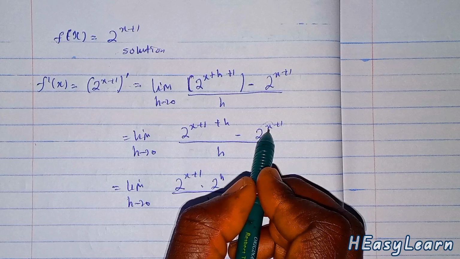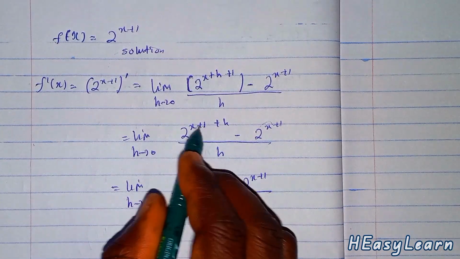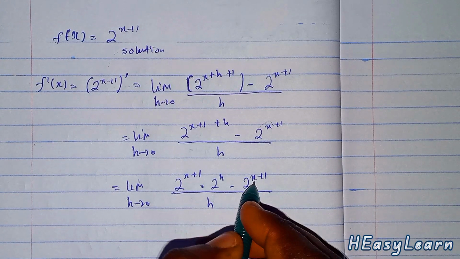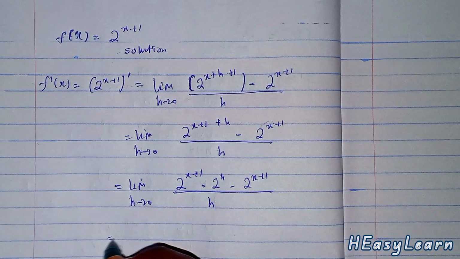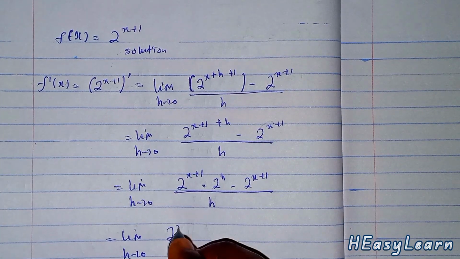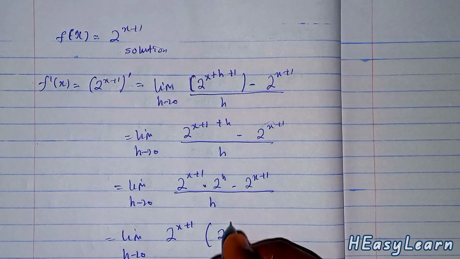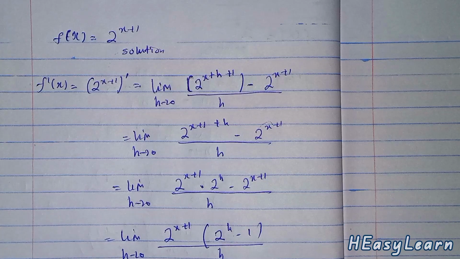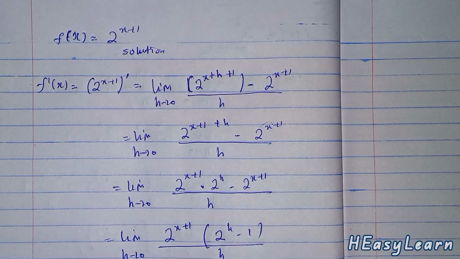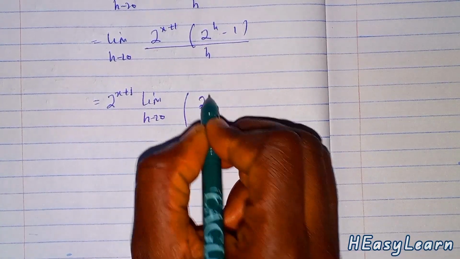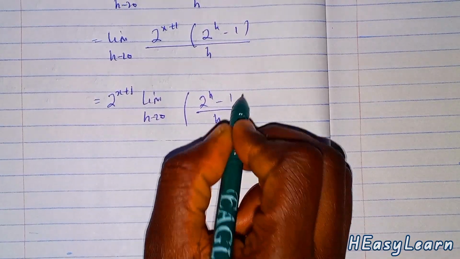The target is to rewrite this in terms of 2 to the power of x plus 1 so that you can factor 2 to the power of x plus 1 out. Limit h approach 0, 2 to the power of x plus 1, 2 to the power of h minus 1 over h. 2 to the power of x plus 1, there is no h approach 0. 2 to the power of x plus 1, limit h approach 0 of 2 to the power of h minus 1 over h.